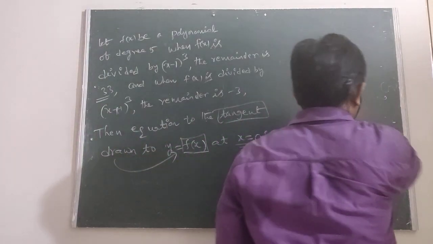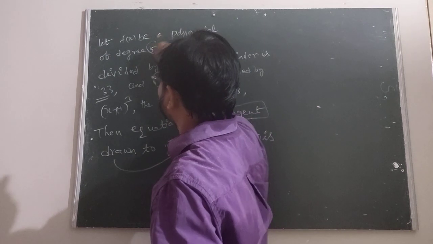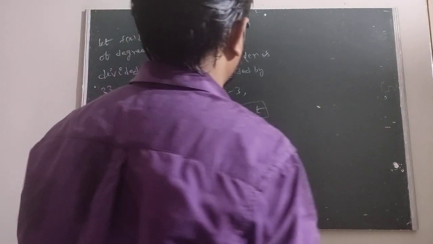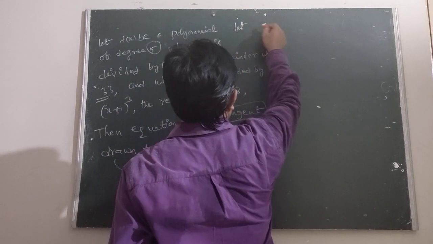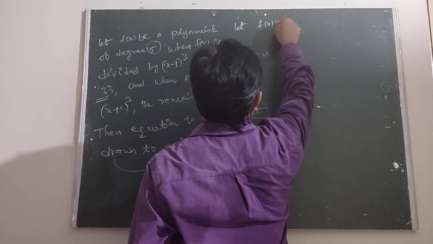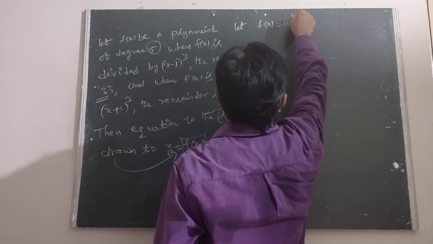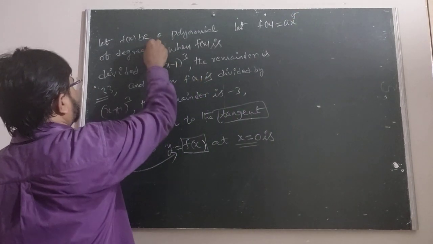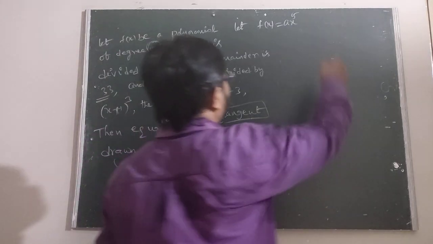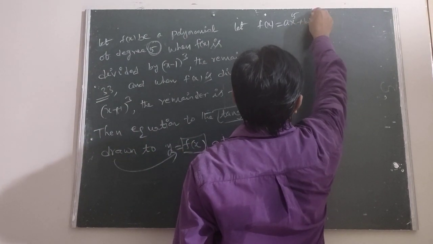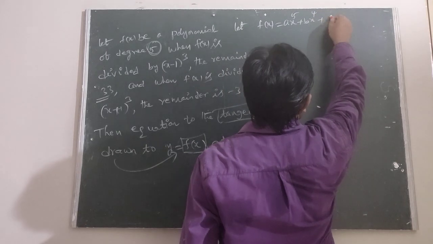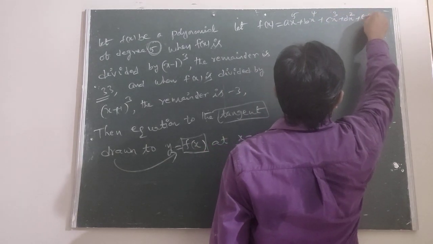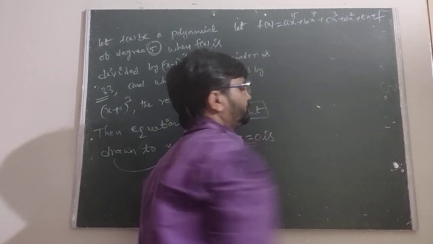Now we are taking the polynomial of degree 5. So now we are taking f of x equal to, please listen carefully, a into x power 5, having the polynomial degree 5, a into x power 5, after that b x power 4, next c x cube, d x square, e x plus f.